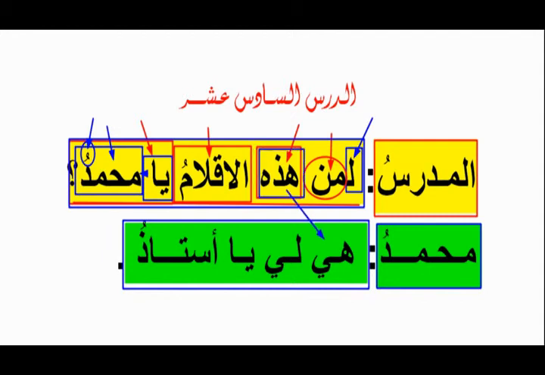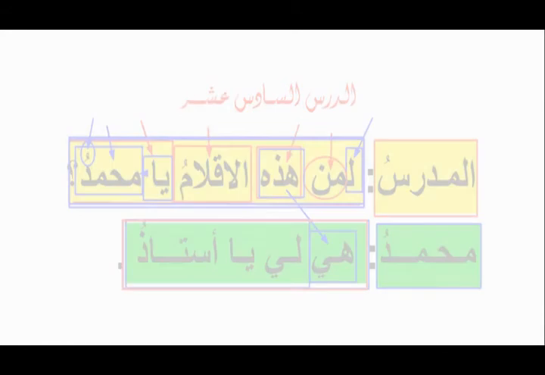Hiya is referring to hadhihi, because hiya will refer to that which is jam' ghayr aqil, or that which is plural and they are things. So it would be hiya li, it is mine, ya ustadhu. Hiya is referring to hadhihi, meaning the pens.